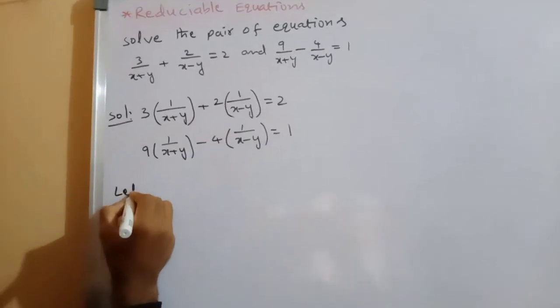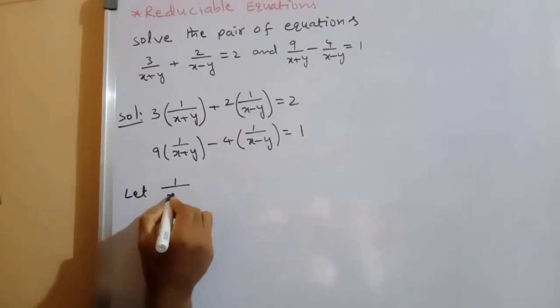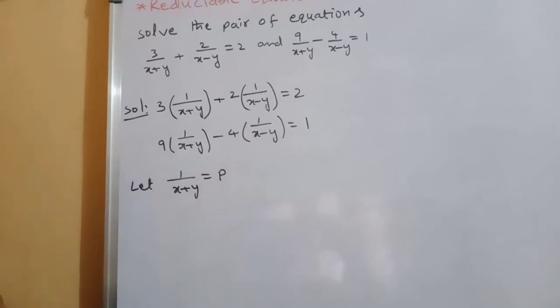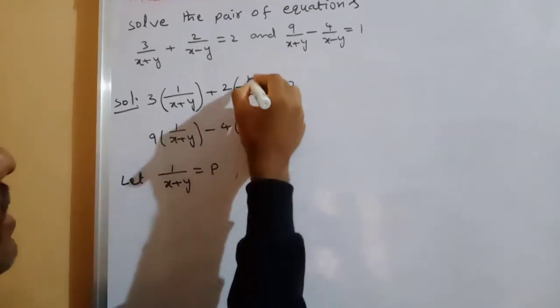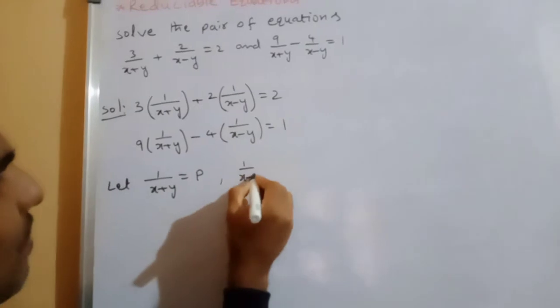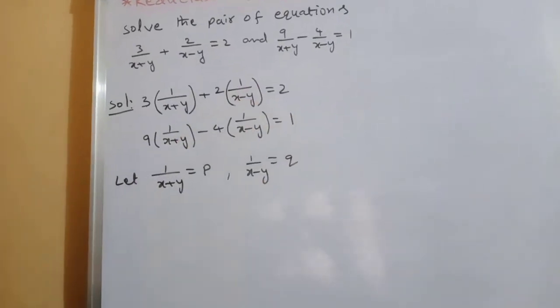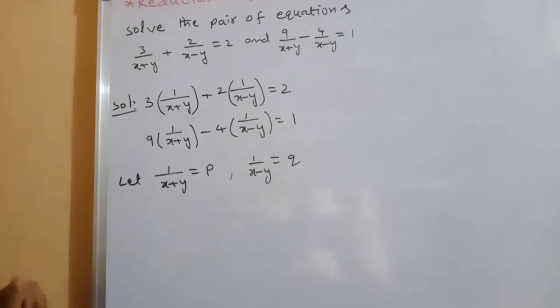Let 1 by x plus y equal to p, and 1 by x minus y equal to q. So substitute p and q.